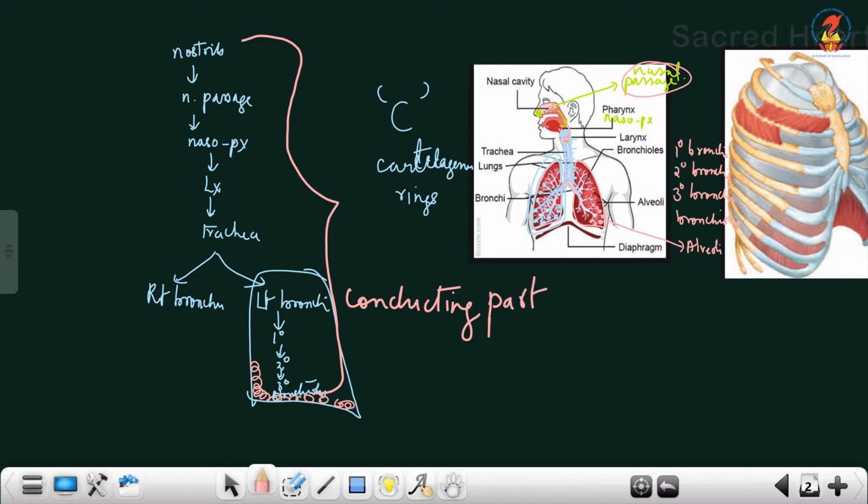So the conducting part starts from the nostrils all the way till the bronchioles. This is the conducting part, and the part that contains only the alveolus is known as the exchange part.